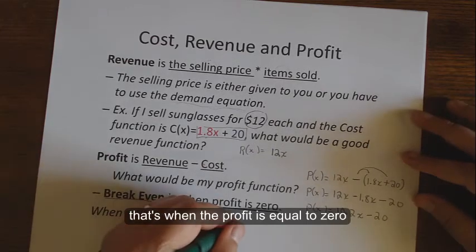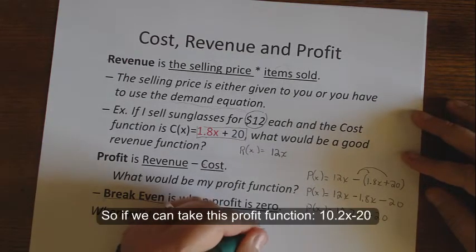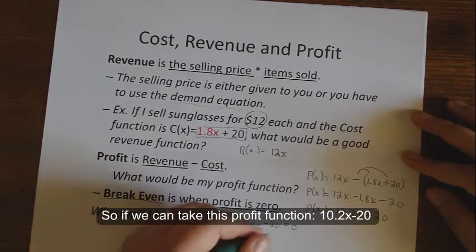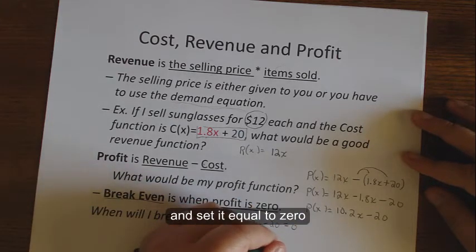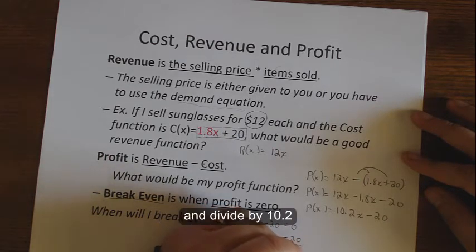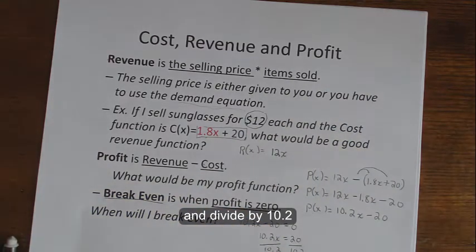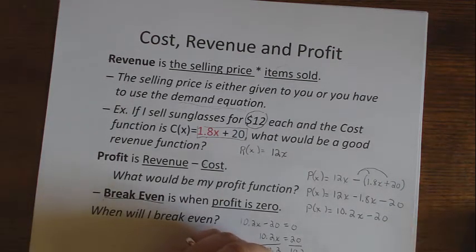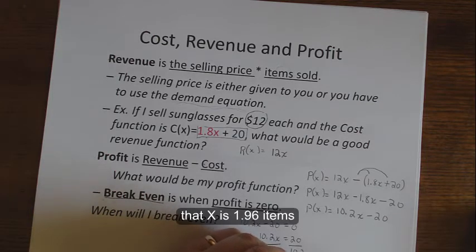So if we take this profit function, 10.2x minus 20, and set it equal to 0, we get 10.2x is equal to 20, and divide by 10.2, and get x is 1.96 items.